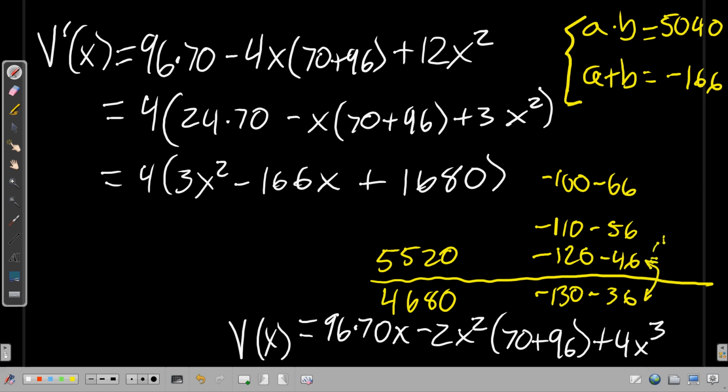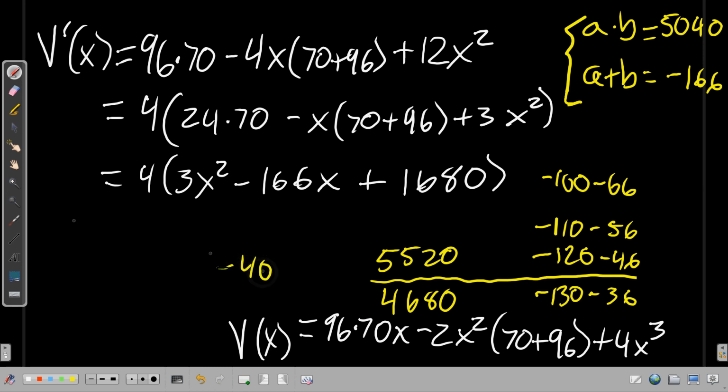And since I know that 5040 has to have a factor of 10 because it ends in a 0, then it also must be the case that the two numbers I'm multiplying have a factor of 10. One of them must end in a 0. Well, there's no more room between 120 and 130 for a number to end in 0, so my only choice is to make this one be a minus 40.